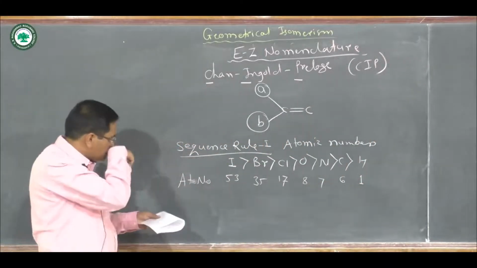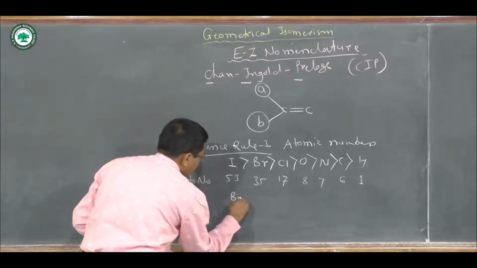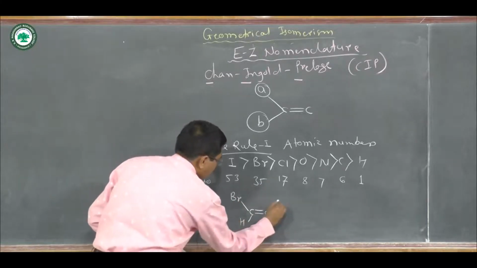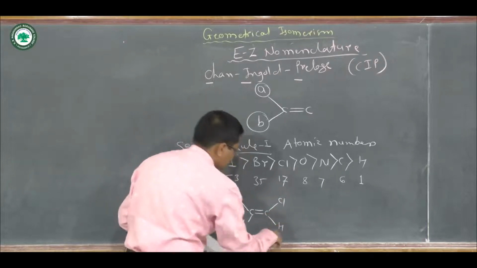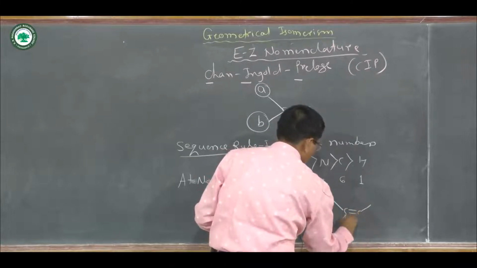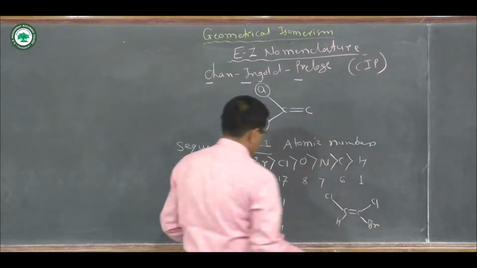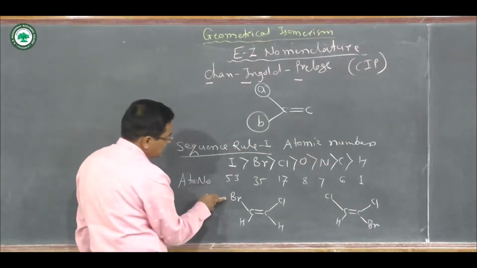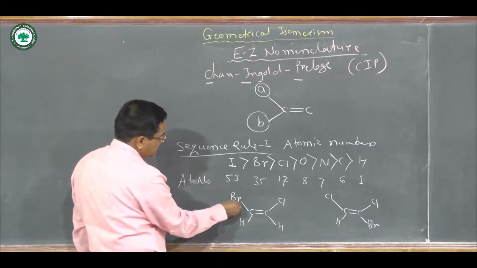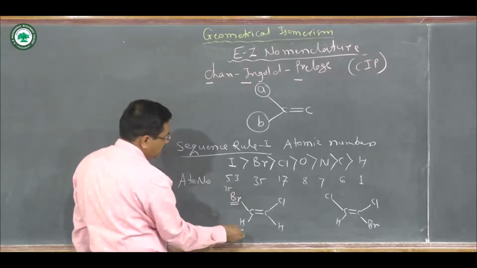Now with the help of this sequence rule, we will take one example. Here we decide the priority between Br and H. The atomic number of Br is 35 and the atomic number of hydrogen is 1.